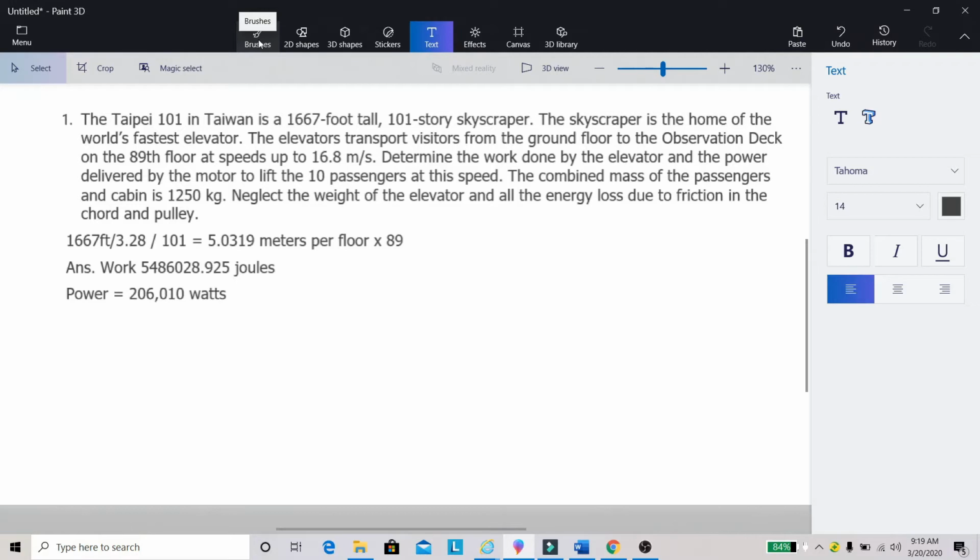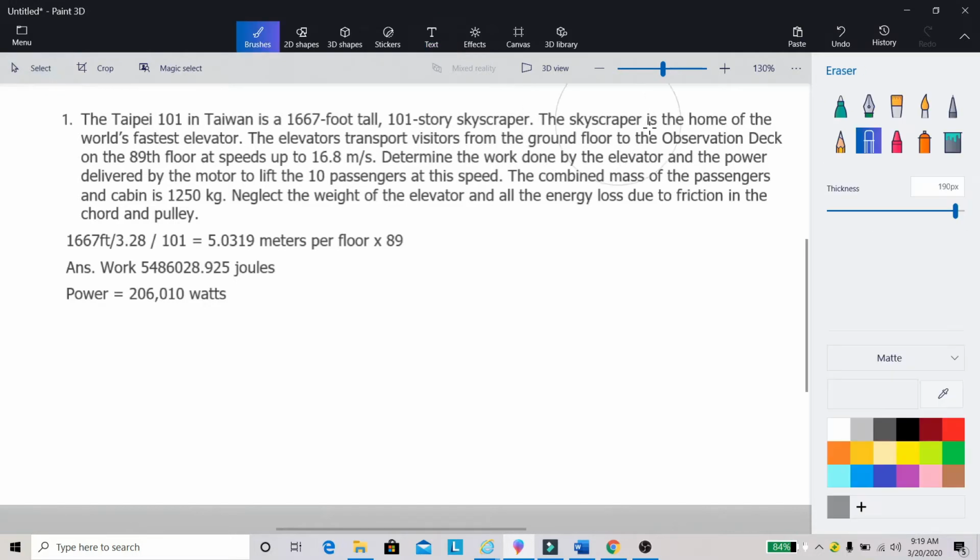yung mga elevator sa Taiwan, ano? So, let us try to analyze this problem. Meron daw tayong 1,667 foot tall, 101 story na skyscraper. Building yan, ibig sabihin 101 story.